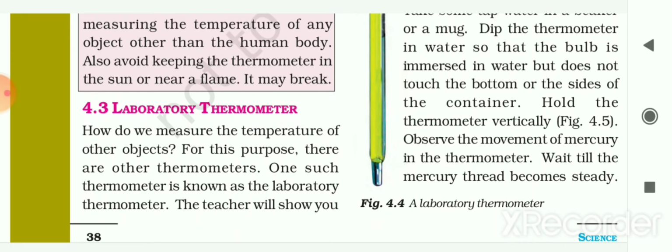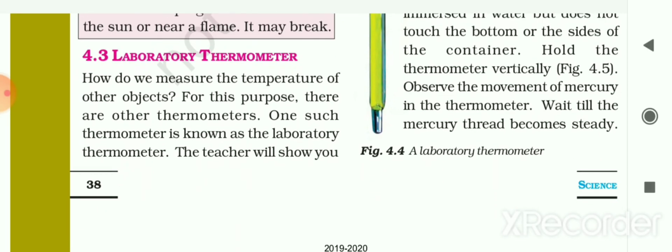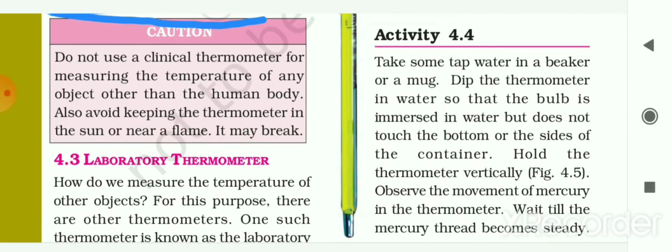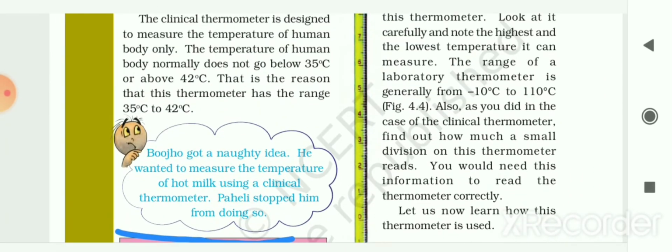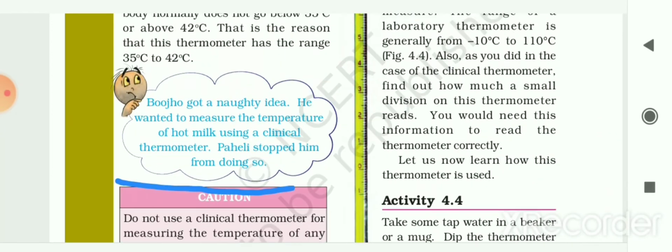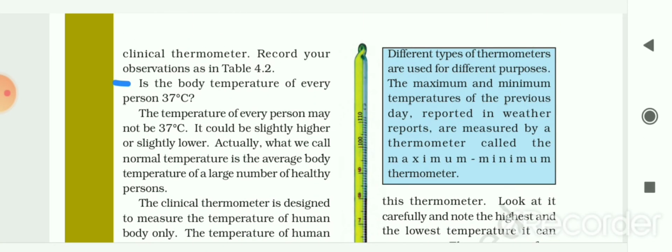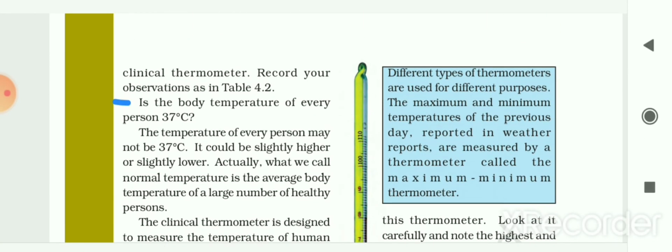How do we measure the temperature of other objects? For this purpose there are other thermometers. One such thermometer is known as the laboratory thermometer. Here in the figure the laboratory thermometer is shown to you. The reading goes -1, 0, 1, and so on up to 9, and then after that there is directly 100.